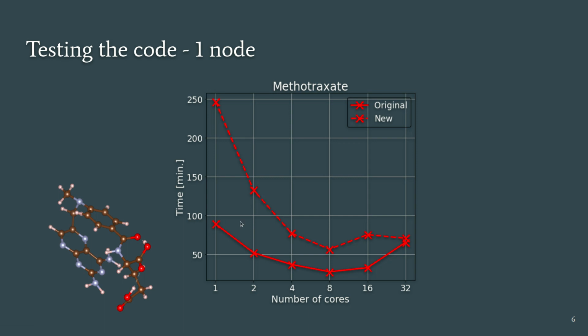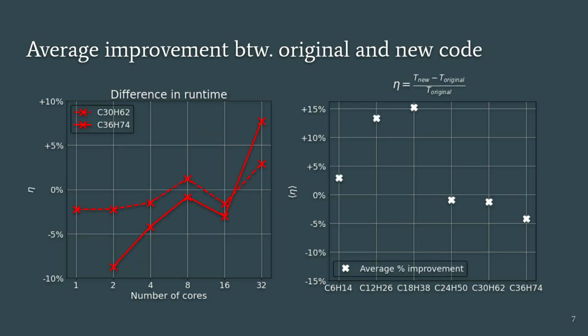And what we observed is that the original code was in every instance faster than our new code. So this result was not very encouraging, but we thought that the advantages of the sparse matrix multiplication would shine through for larger systems. And that's precisely what we did.